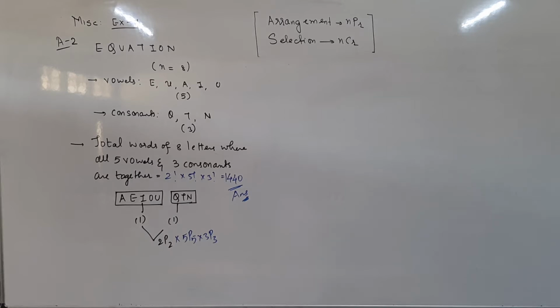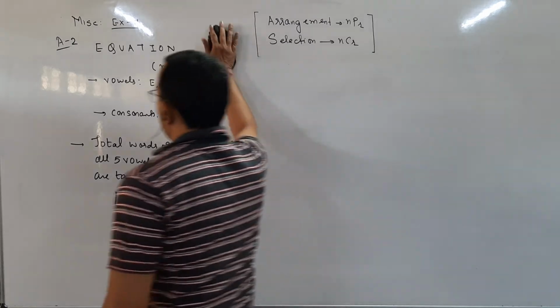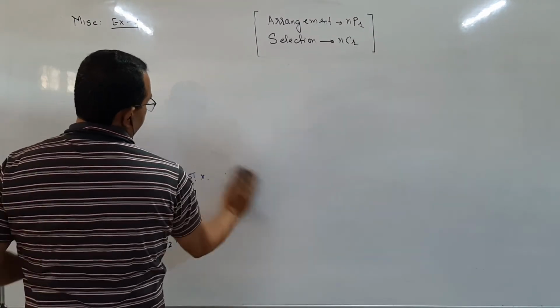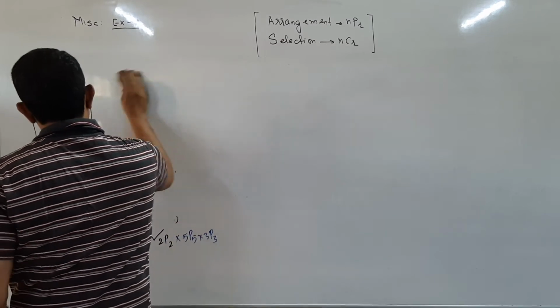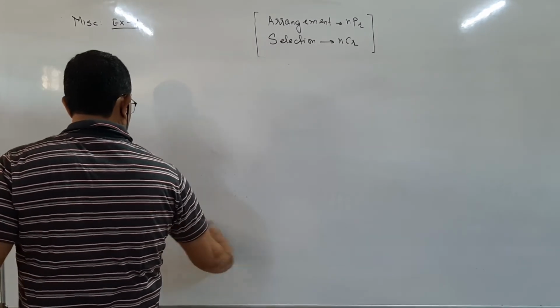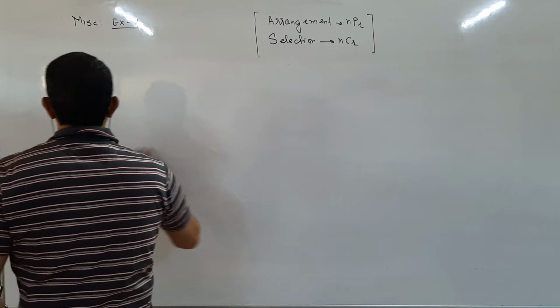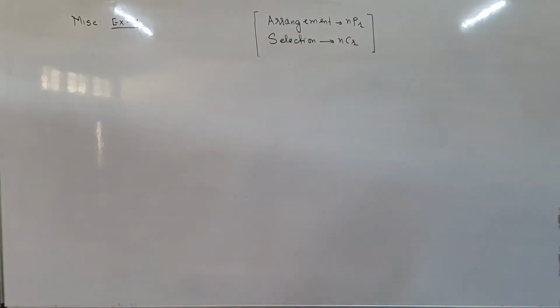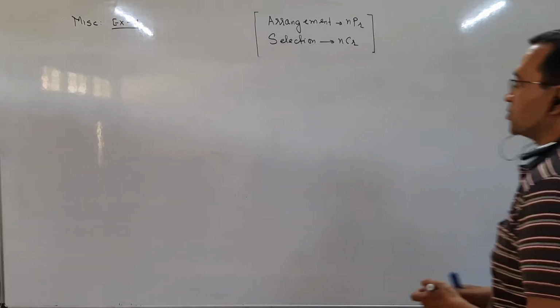Okay, students, now the third sum. A committee of 7 has to be formed from 9 boys and 4 girls. This is also a very important sum for probability. Students, my main point in doing exercise 7 was to apply these concepts in chapter 16 probability also. We are given 9 boys and 4 girls.